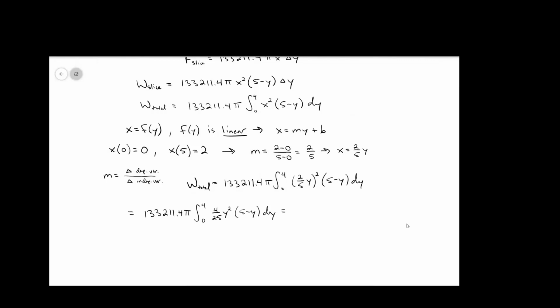And so that gives us 2,1313.824. We have to be that accurate, but let's do that. And then from 0 to 4, and then we get 5y squared minus y cubed.